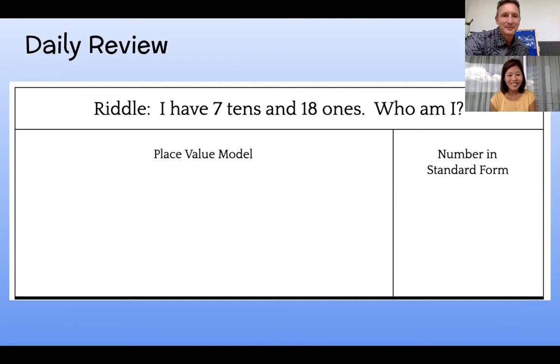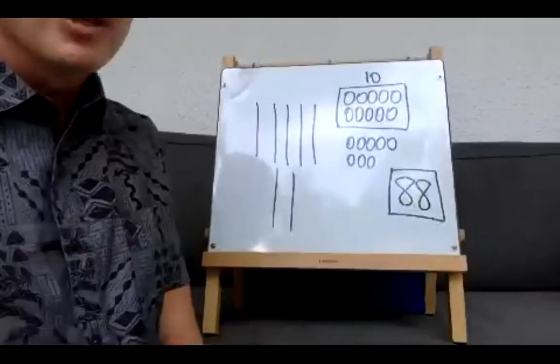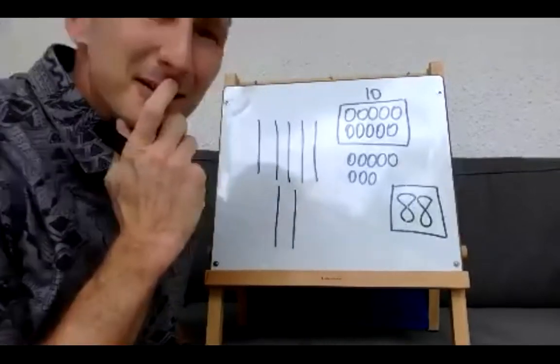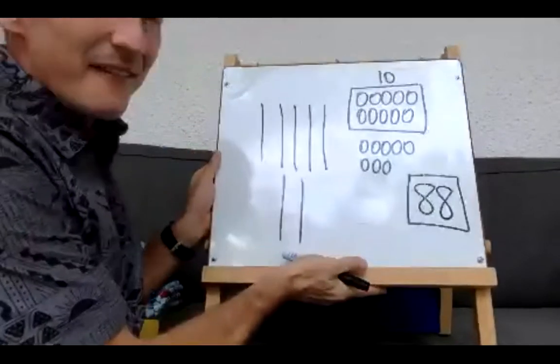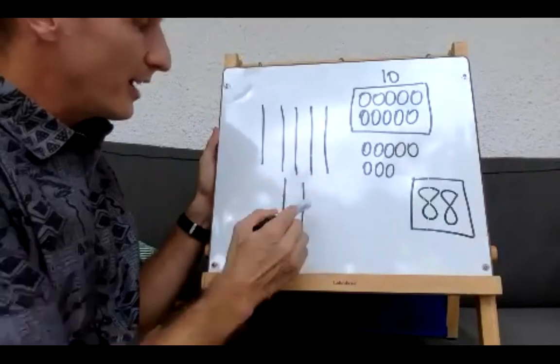Okay, welcome back, boys and girls. With this riddle, we had 7 tens and 18 ones. So who am I? I have it on my whiteboard. I made my 7 tens, 1, 2, 3, 4, 5, 6, 7.